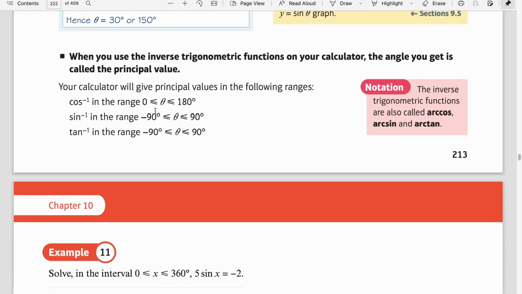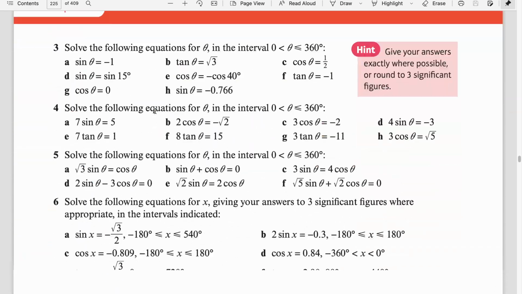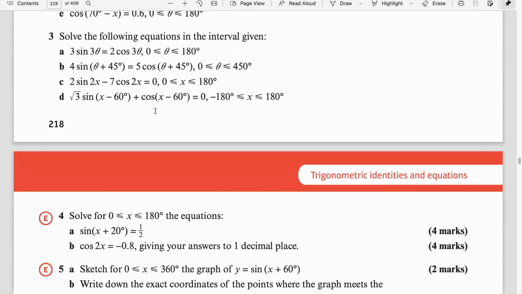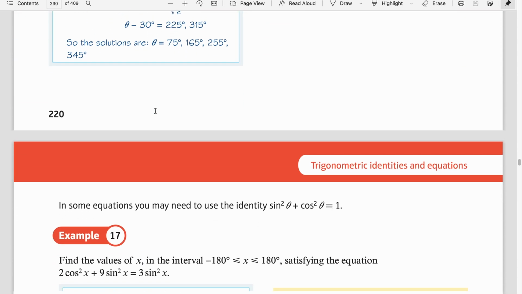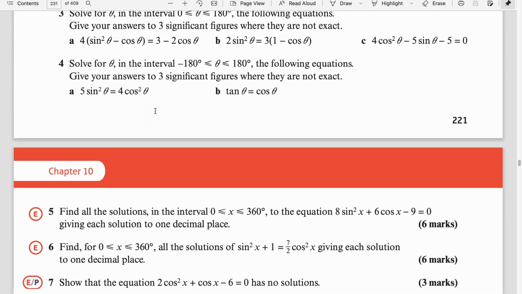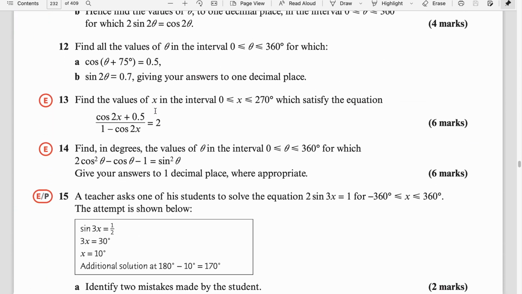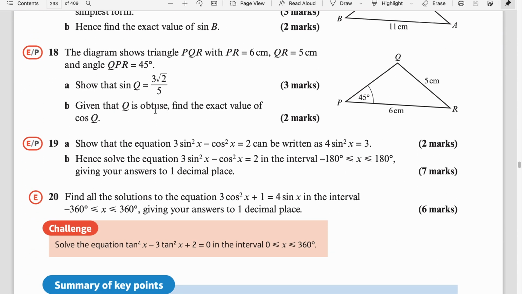To 24. Okay, this is page 224, question number 19 and 20.